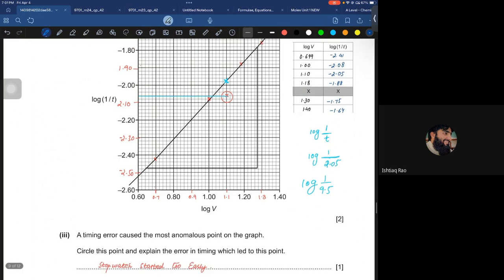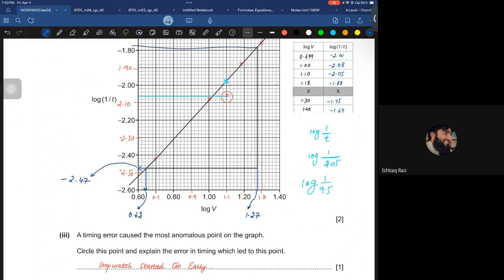So this is the first value, that is 0.62, and this is 1.27.